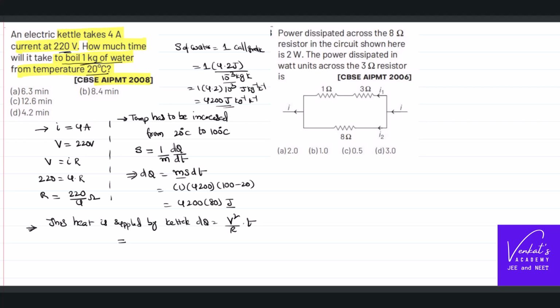What is the voltage that is supplied? 220 volts into 220. By resistance we have already calculated, 220 by 4. By time, how much, we have to calculate. So whatever the heat required is supplied by the kettle. So both the heat energies must be equal.